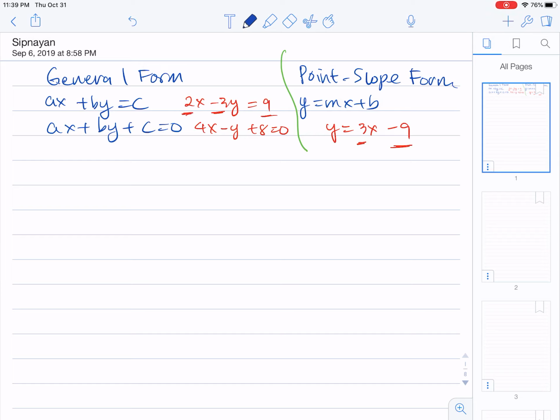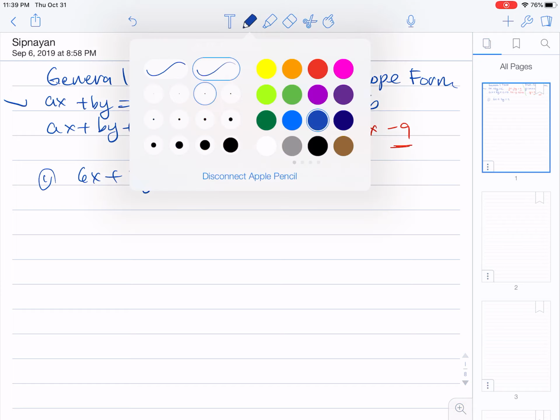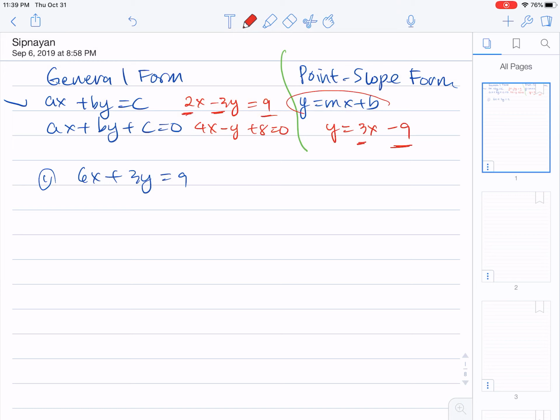Okay, so we have 6x plus 3y equals 9. No? So this is the same as this form. Nasa kanan yung kaniyang number, no? Hindi 0 yung nasa kanan. So we have, remember that we want to isolate y, no?